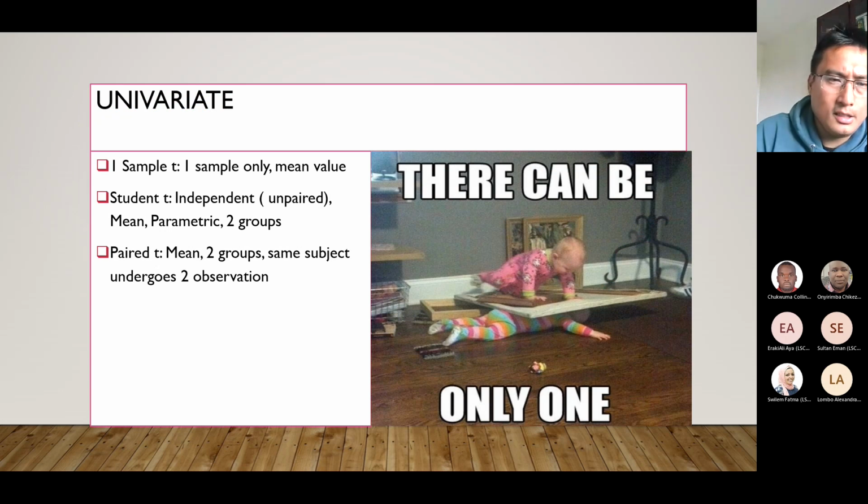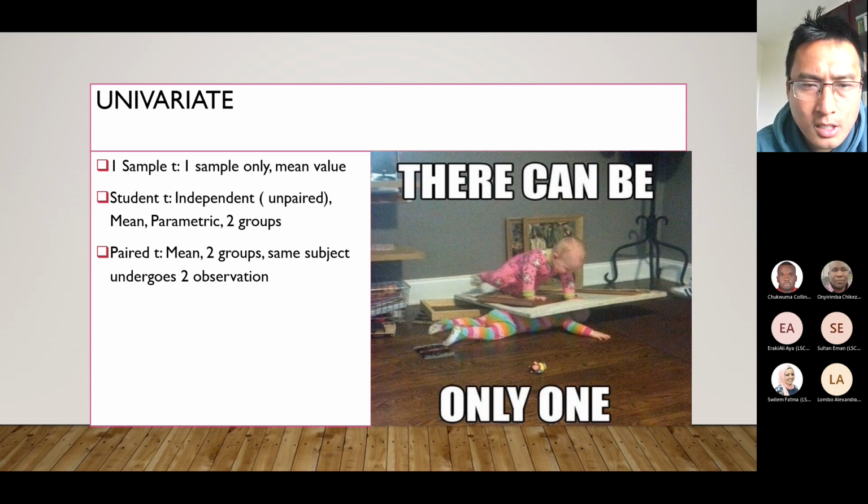Now in univariate, there are three different types. If you are comparing just one sample, it is a one-sample t-test. If you are comparing two independent, unpaired groups, meaning not related to each other, it's called student t.